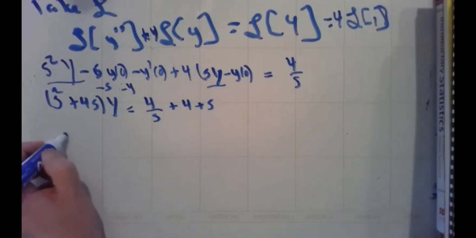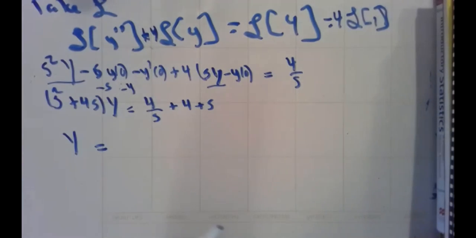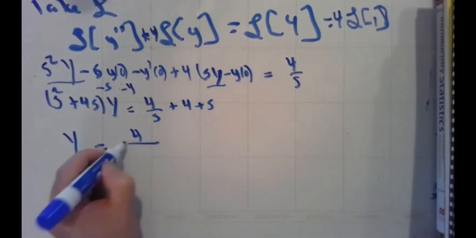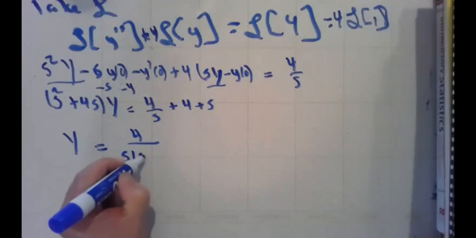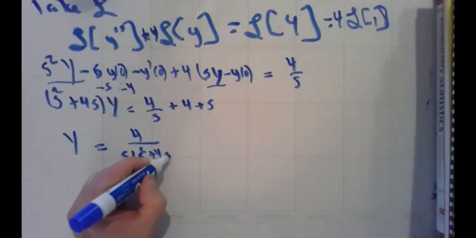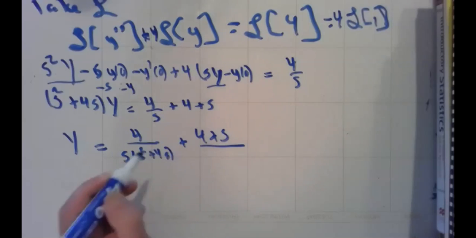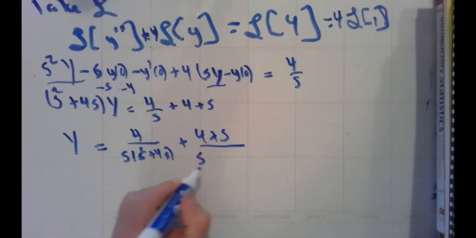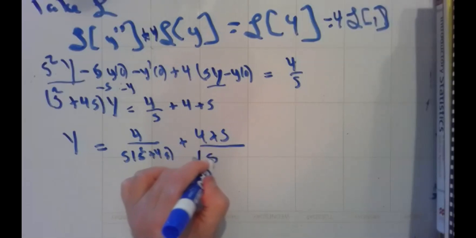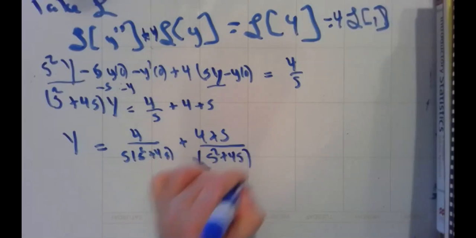So Y will be 4 over (s squared plus 4s) plus (4 plus s) over (s squared plus 4s).